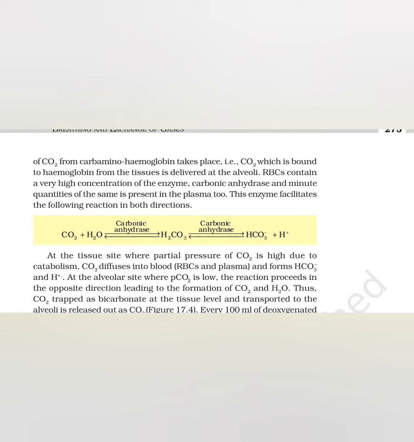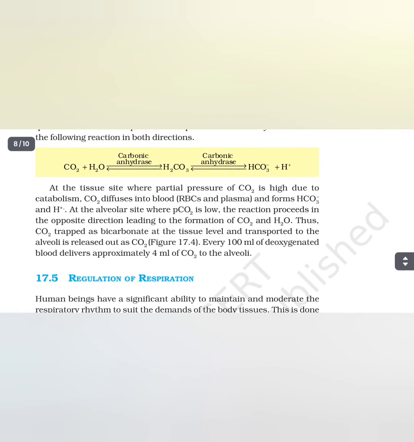RBCs contain a very high concentration of the enzyme carbonic anhydrase and minute quantities of the same is present in the plasma too. This enzyme facilitates the following reaction in both directions. At the tissue side, where partial pressure of CO2 is high due to catabolism, CO2 diffuses into blood, RBCs and plasma and forms bicarbonate and H+.